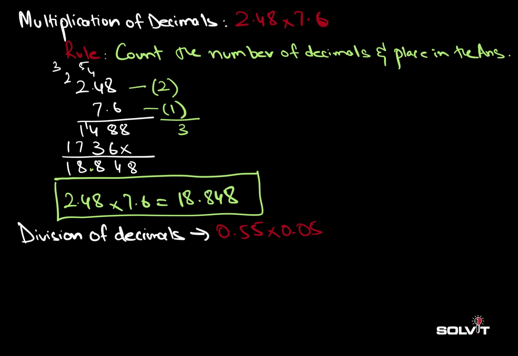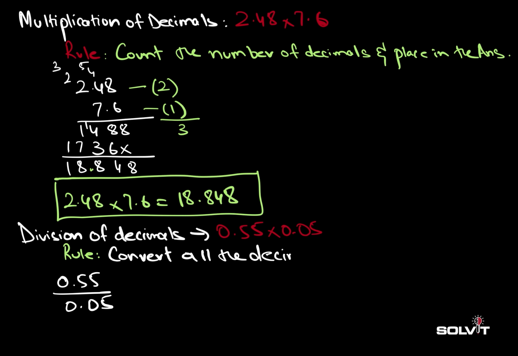So now we need to divide 0.55 by 0.05. So how will I do that? The rule for this is: convert all the decimals to fractions.